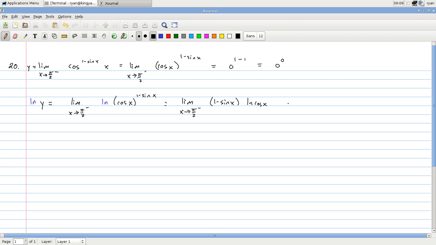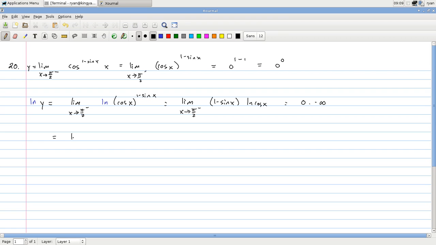Now, trying this by direct substitution again, we get 1 minus sine of pi over 2, which is 0, times the natural log of cosine of pi over 2, which remember is the log of 0, so this looks like 0 times negative infinity. When this happens, we want to take the simpler term, in this case the one without the logarithm, and move it to the denominator.